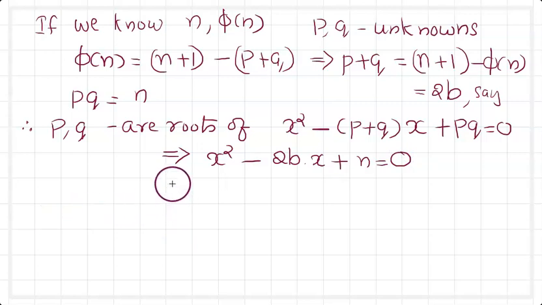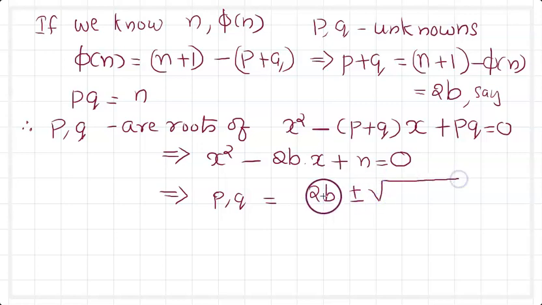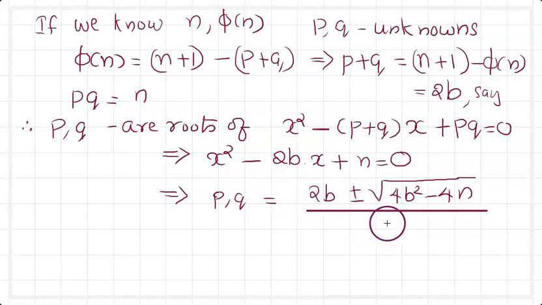Then the roots of this quadratic equation, that is p and q, will be equal to minus of the coefficient of x, that is 2b, plus or minus the square root of the square of the coefficient of x, that is 4b squared, minus 4 times the coefficient of x squared, which is 1, times the constant term n, whole divided by 2 times the coefficient of x squared, which is 2 into 1.